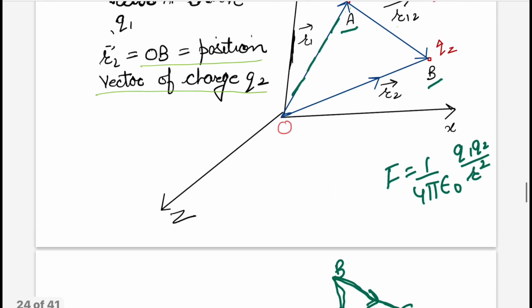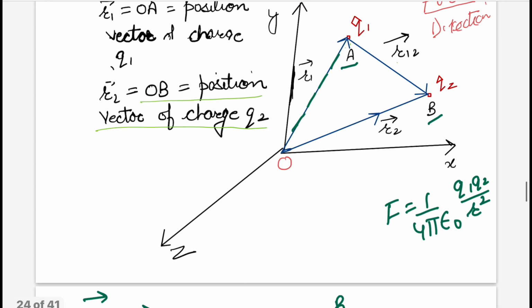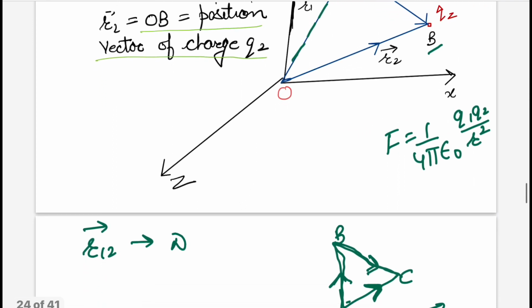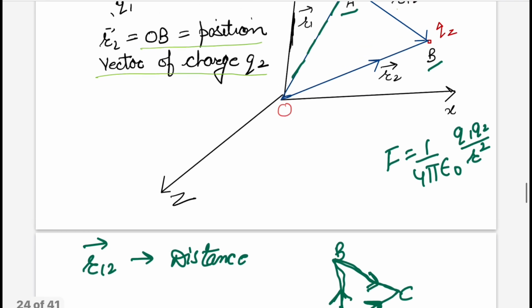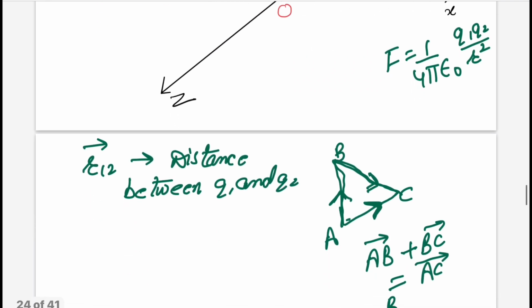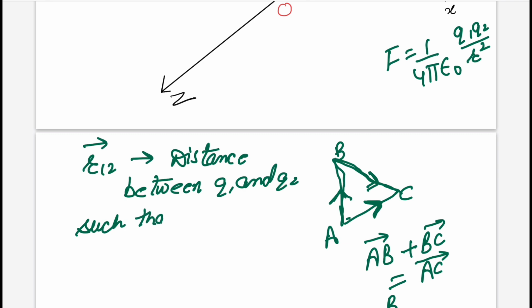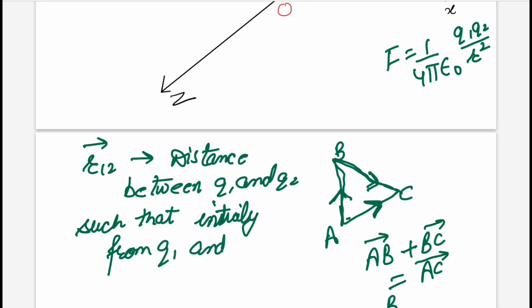If it is R12 vector, it means the distance, or you can say displacement, as it has direction, between Q1 and Q2, such that motion starts initially from Q1 and ends at Q2.